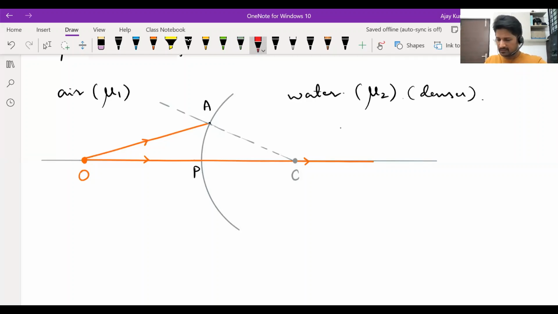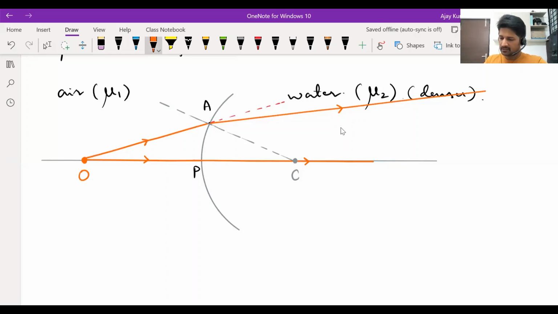Now this ray, the second ray OA, was traveling along this direction, but it has to bend towards the normal now. Bending towards the normal can happen in many ways. This is one possibility. It has bent towards the normal, but it's still going away from the principal axis. That is possible.